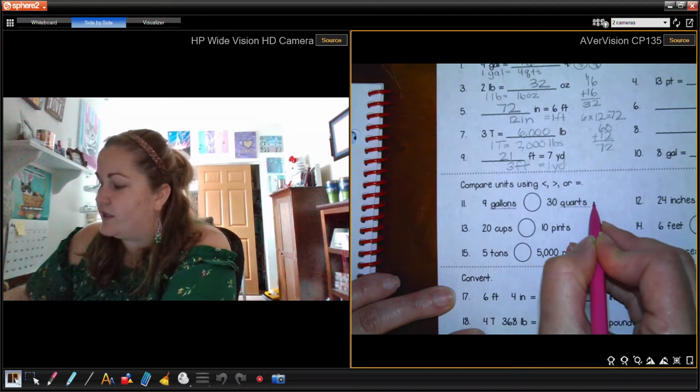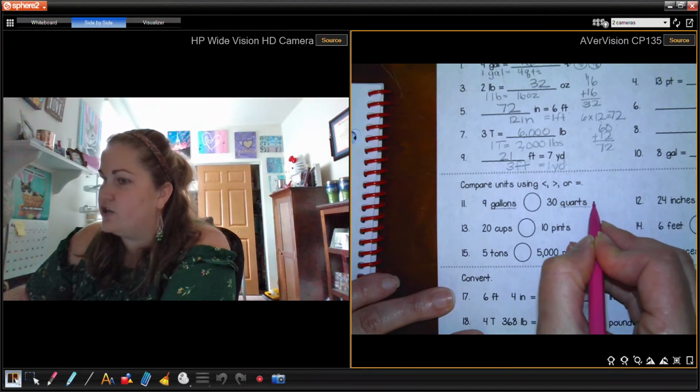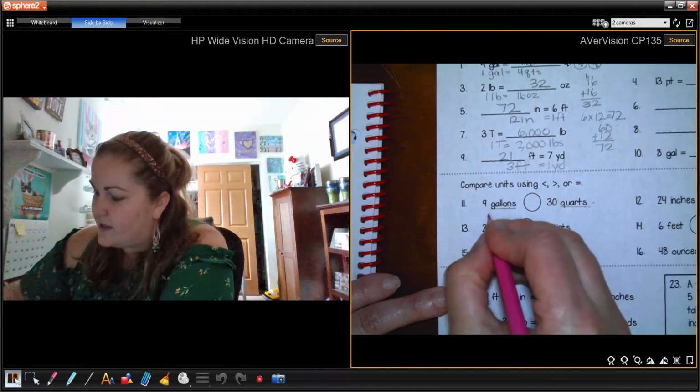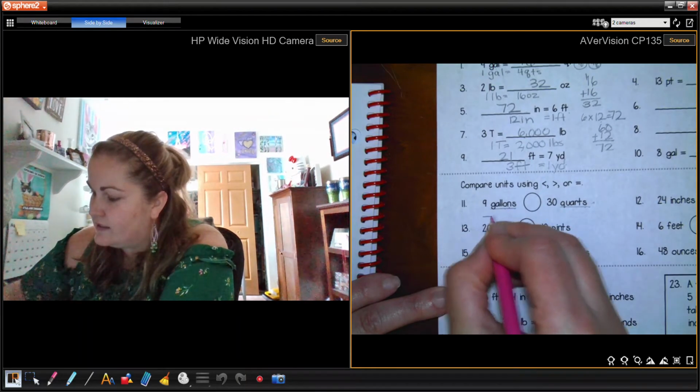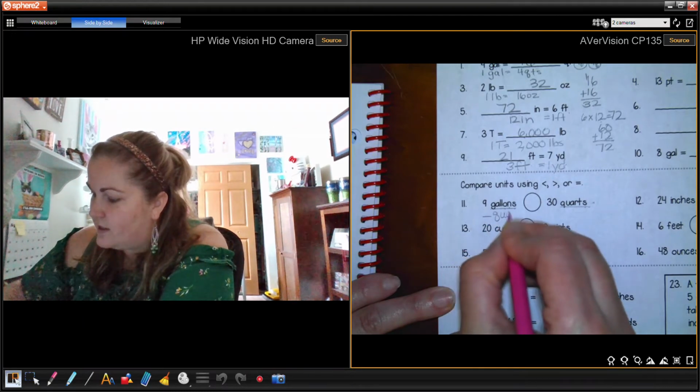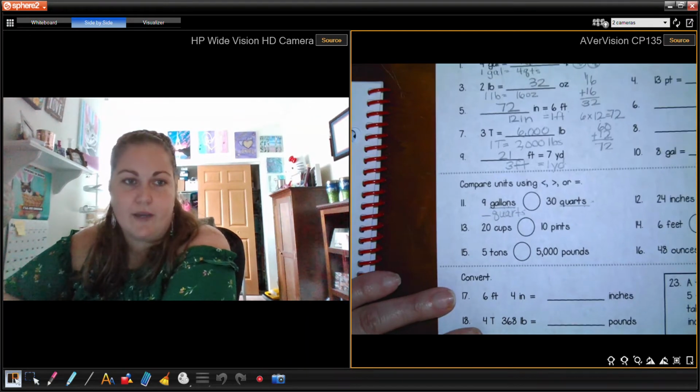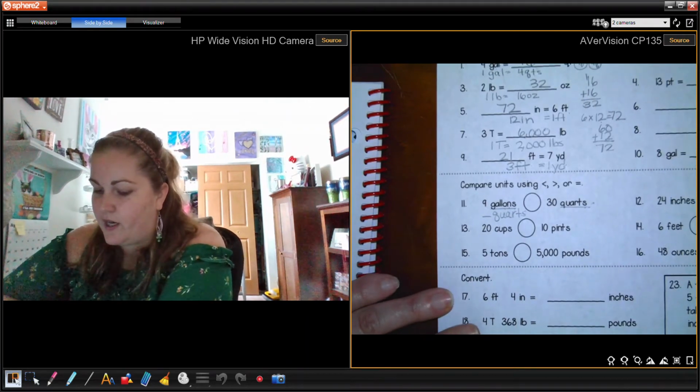I want to do that because when I exchange a larger unit for a smaller unit, I can always multiply. Meaning if I'm exchanging my 9 gallons for quarts, I can just take my 9 gallons and multiply it by whatever the conversion rate is.